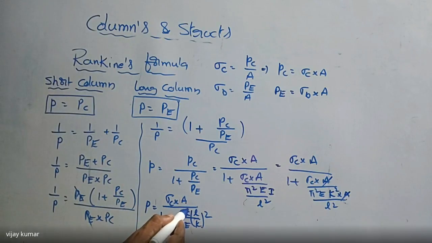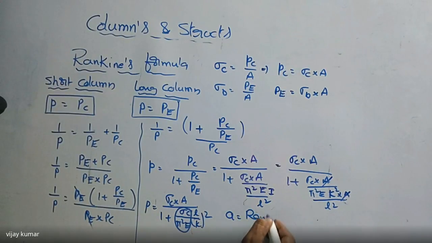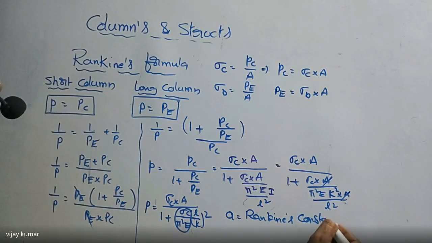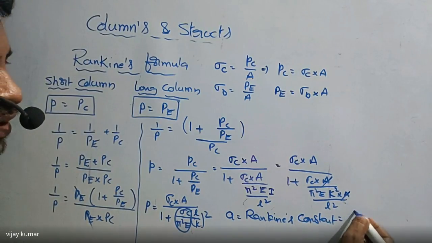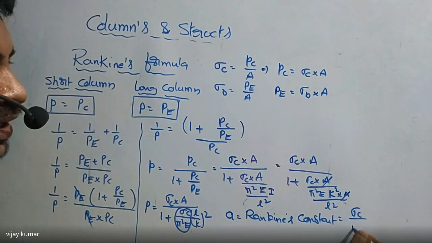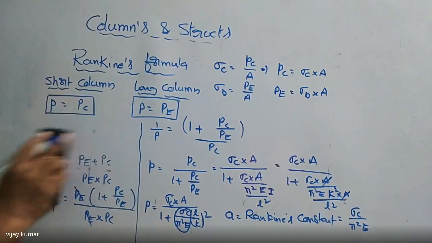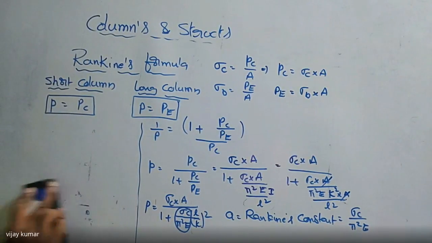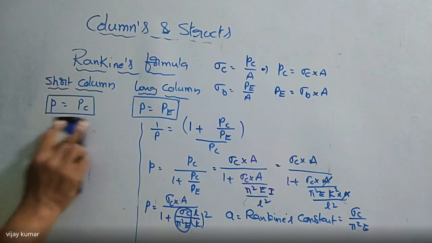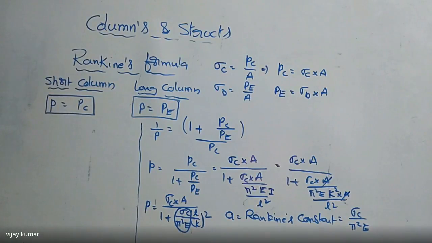So this value is nothing but Rankine's constant. So A is nothing but Rankine's constant, that is equal to sigma C divided by pi square into E. Sometimes we can take alpha also, no problem; in some textbooks the term is written as alpha.